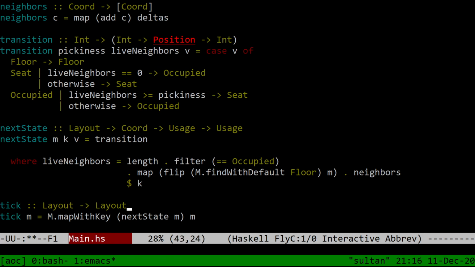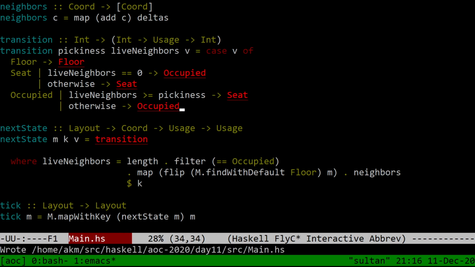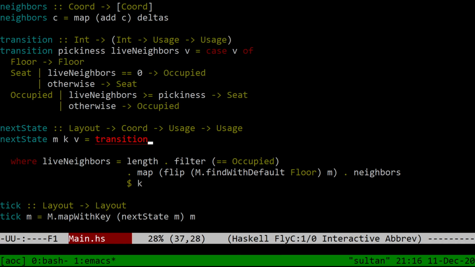Oh, it's not a position, it's a usage, thank you. And not an int, but usage. So we can say transition 4b.